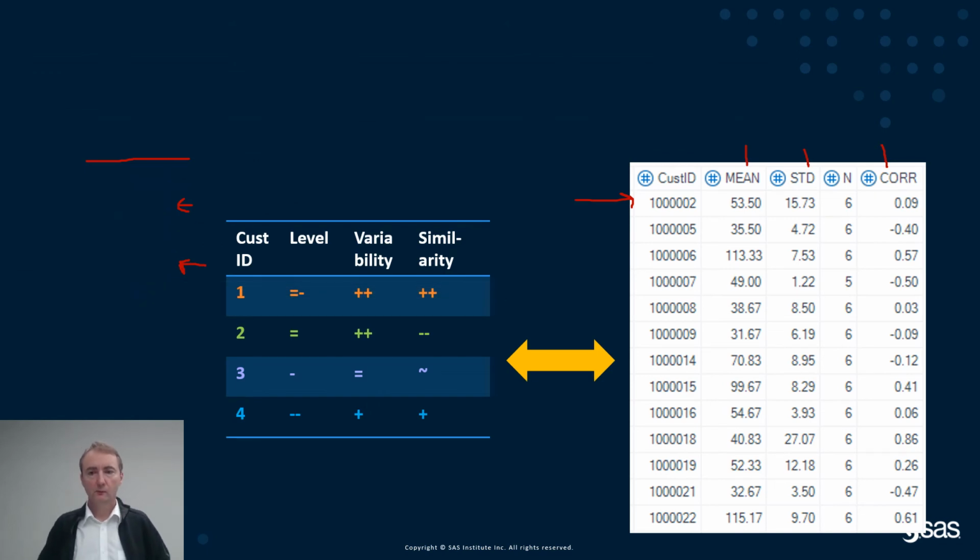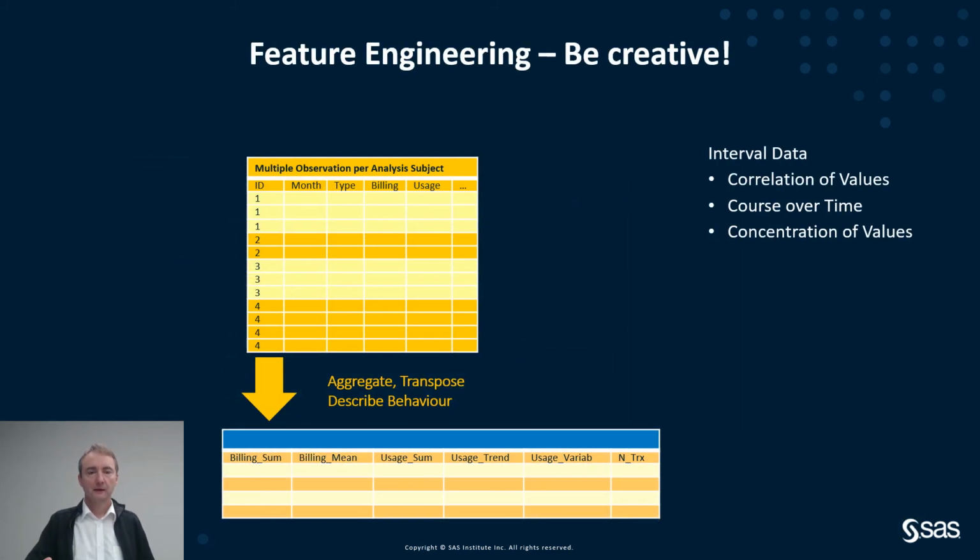So what we have created here is now the calculated picture of what we have discussed earlier, which helps us a lot for our business analysis. What I would like to motivate you to do is that in feature engineering, you should go beyond calculating simple averages, means, sums or counts, and find out how you can best describe the behavior of your customers.